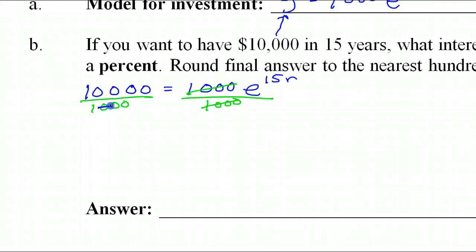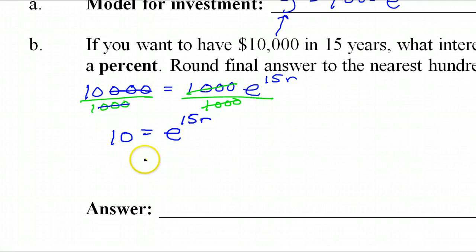Anyways, if I cancel out these 3 zeros, I see it's 10. So I have 10 equals e to the 15r power.